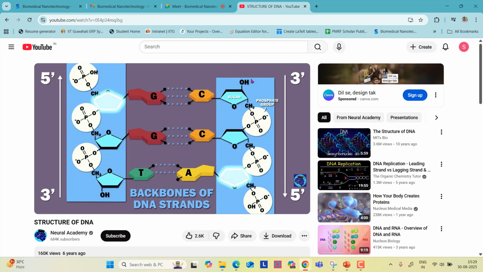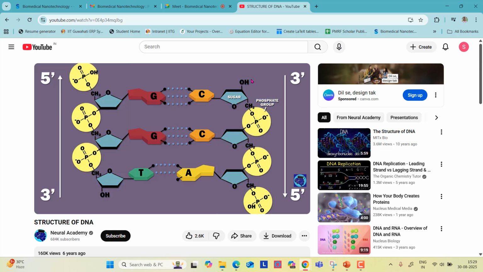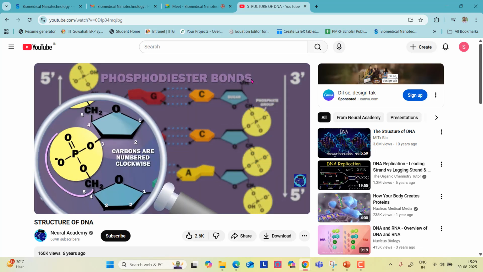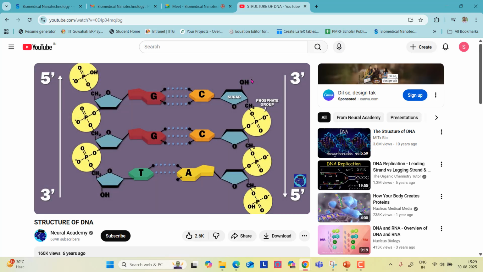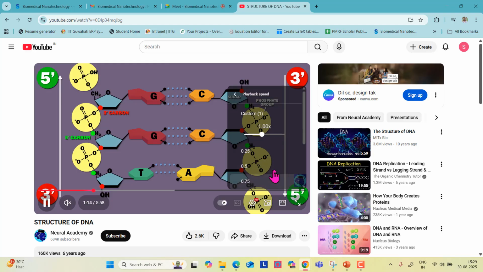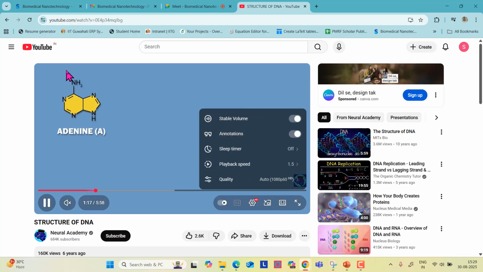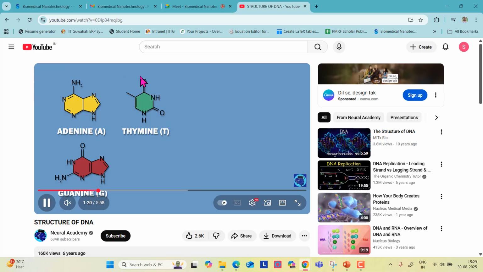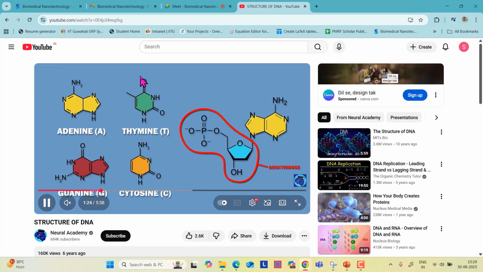Okay, so now these backbones will interact. So this is the phosphodiester bond. These are the bases in between. This is 4 bases.